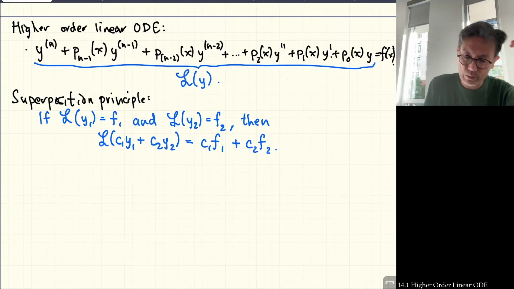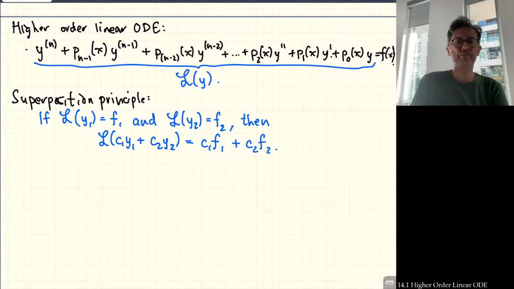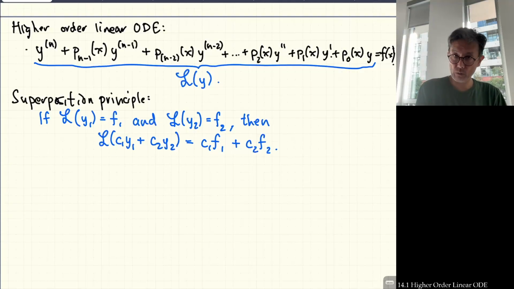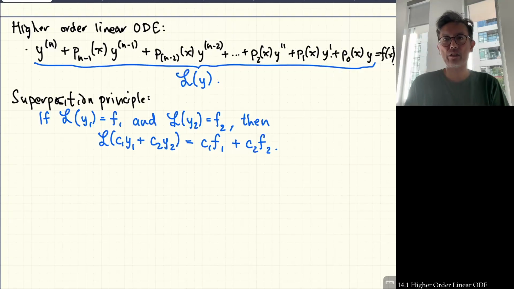Sorry, I should have put a 2 there. Okay? So this is really useful to know because if you plug stuff into L, it's like you're collecting data that you can then combine together through superpositions and learn new facts and generate new data.